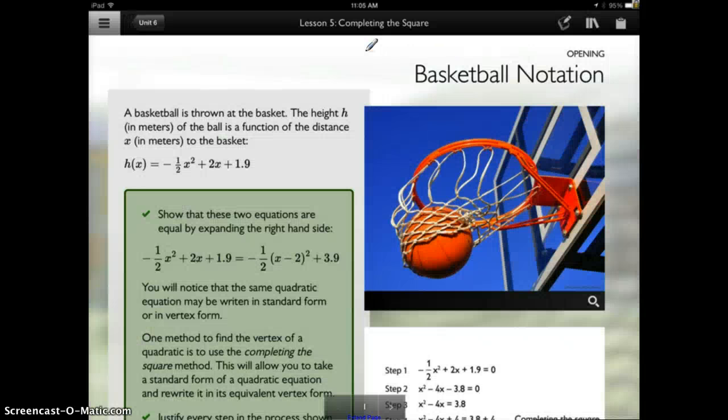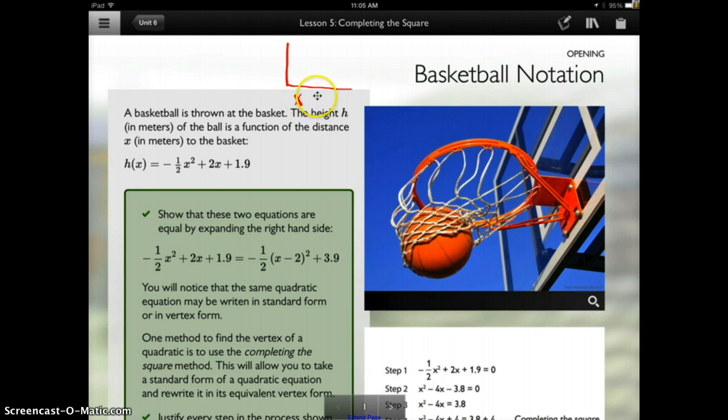Okay, so slide number 1 says basketball notation. This is the opening. This is what it should look like. It says a basketball is thrown at a basket. The height h in meters of the ball is a function of the distance x to the basket. So basically what that is telling us is that we have an x and a y.